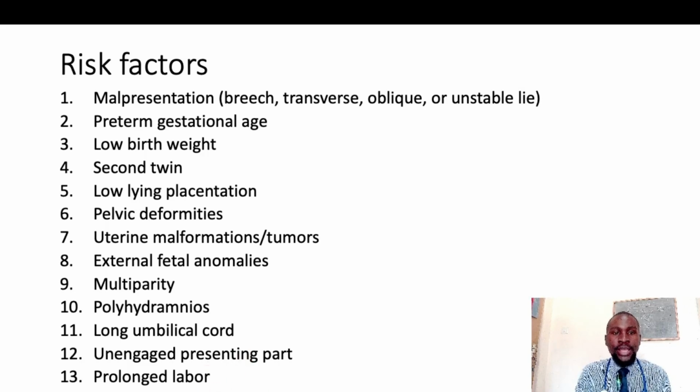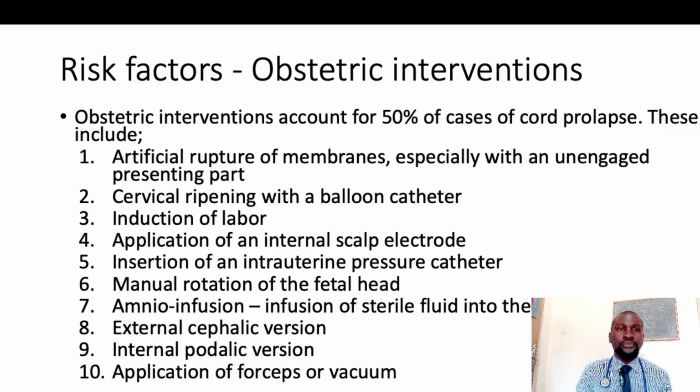Prolonged labor and also atypical placenta cord insertions, for example, a velamentous cord or a marginal insertion of the cord. So most of these risk factors lead to the presenting part not adequately filling the pelvis, and this leaves room for the cord to prolapse, and then you end up with cord prolapse.